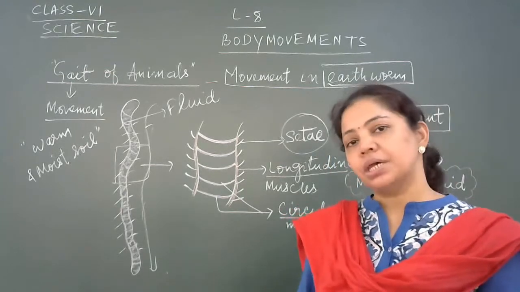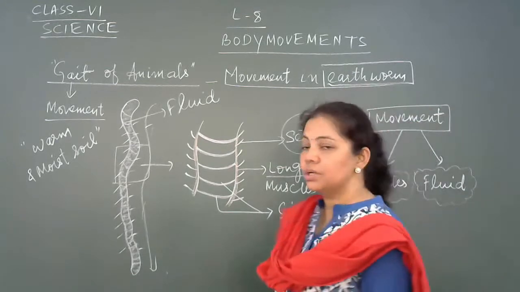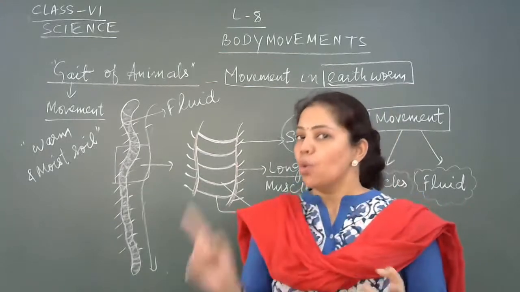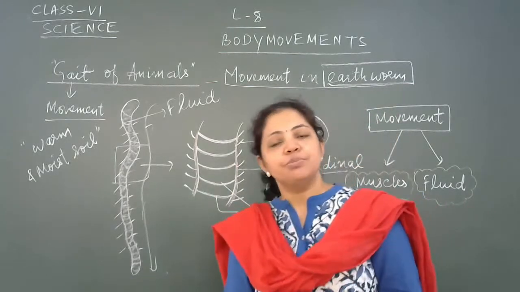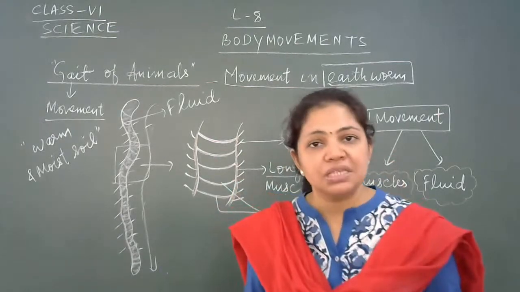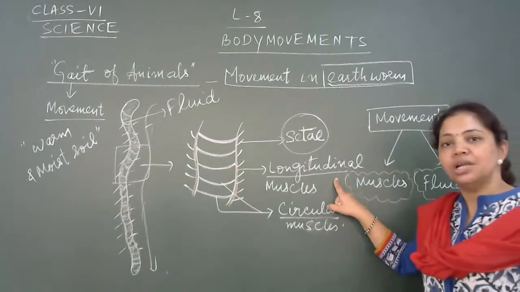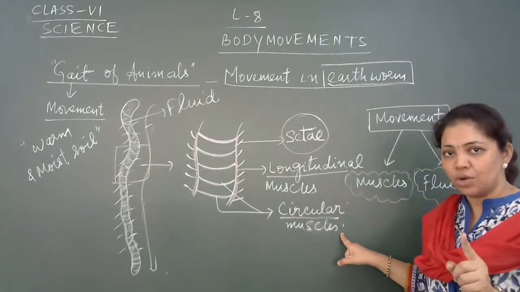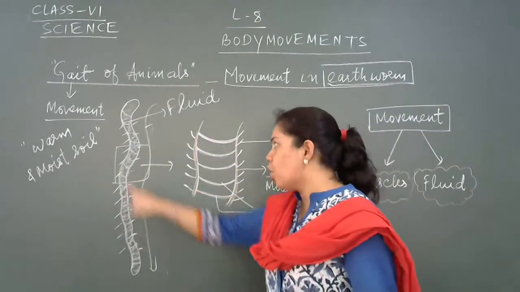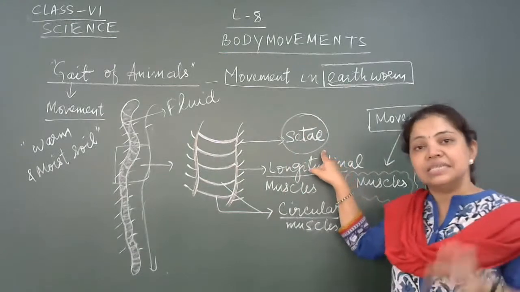Just let me recap again one more time. Some of you are just joining in the class. For those, I'm just repeating that in the body of earthworm, no bones are there. Its complete body is made up of muscles. How many types of muscles are there? Two types of muscles are there: longitudinal and circular muscles. Right? Second thing I told you, on the sides of the earthworm are present hair-like structures which are known as setae.